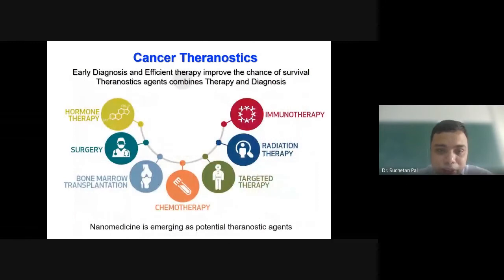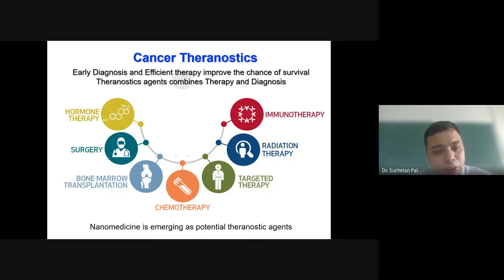After cancer is detected, the doctor will decide your therapy, depending on your cancer. The primary line of therapy for solid cancer is surgery, where doctors remove the tumor tissue from your body. Then you can undergo hormone therapy. Depending on your cancer, you have different options, right?